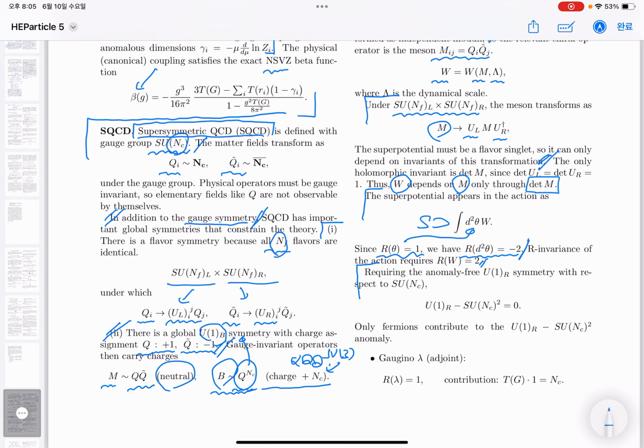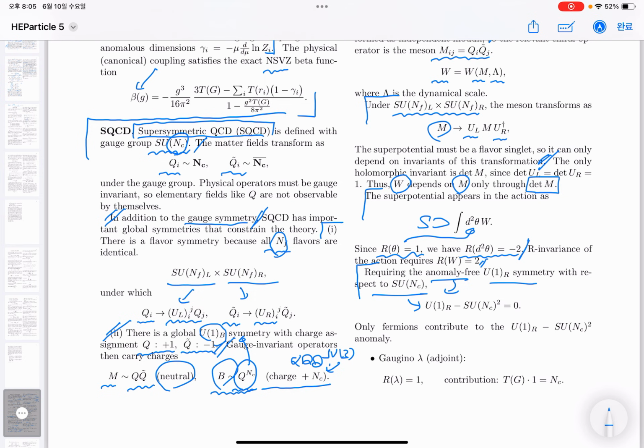And also we want to have an anomaly-free theory for the U(1)_R symmetry with respect to the SU(NC) gauge theory. So the anomaly cancellation condition for the global symmetry and the gauge symmetry imposes the following relation. Only the fermions contribute to this anomaly.